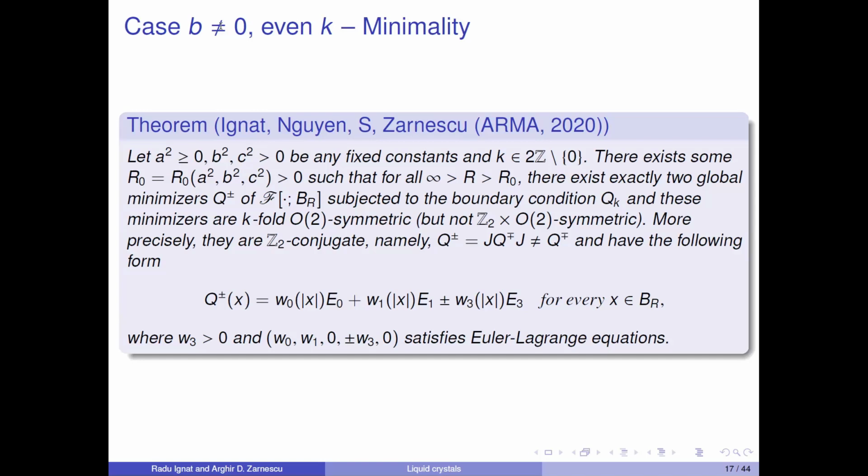What we are able to show is that for A large enough, so there is some R naught depending on A, B, and C, so that if you go past that radius, there exist exactly two global minimizers, which have O2 symmetry, not more than that. And they look like this, and in fact, one of the components is positive, and you can construct a negative one as well, as mentioned before.